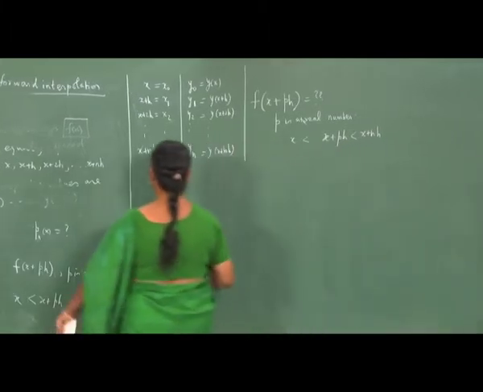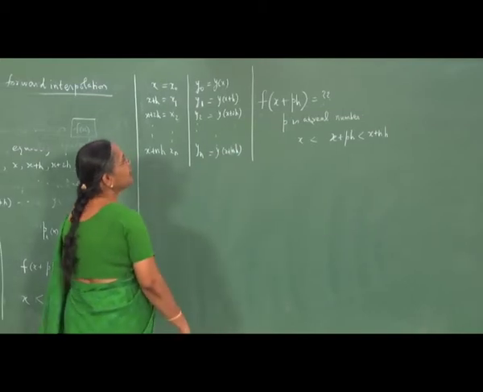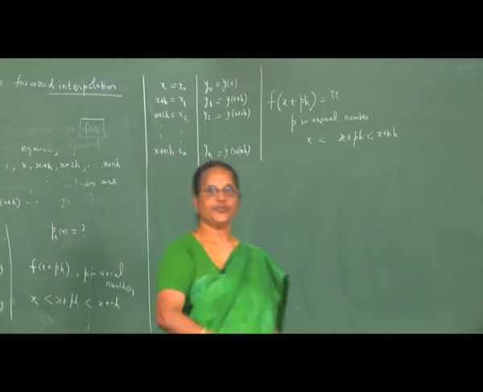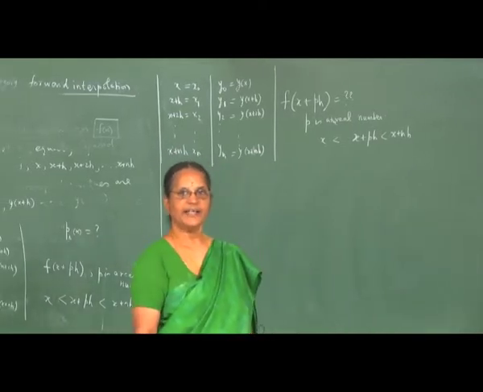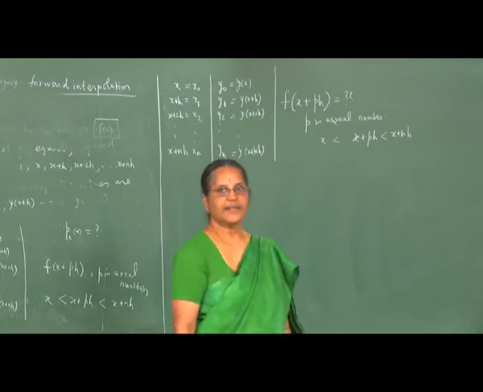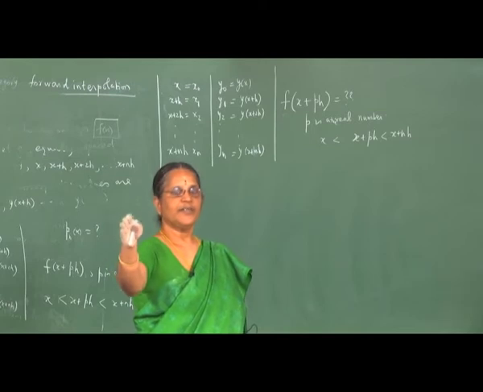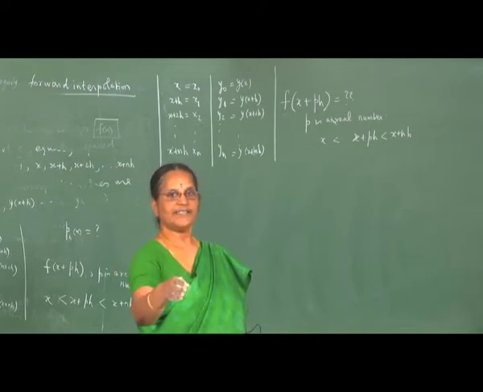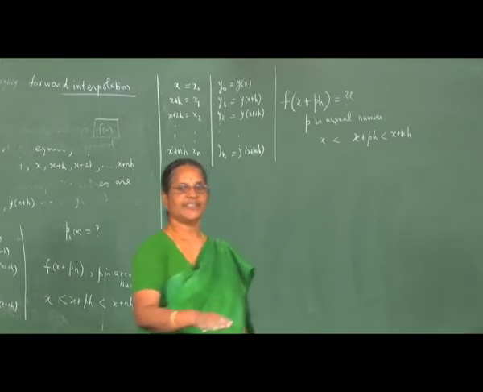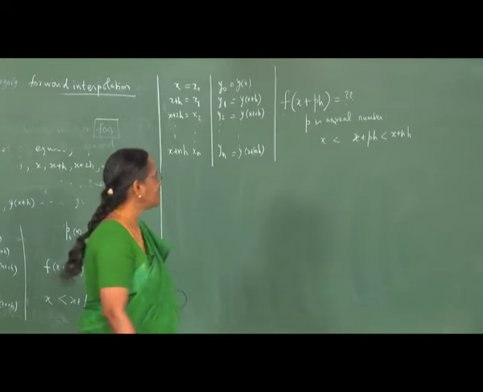So, I shall now use the operator E, connect it to the forward difference operator, and use the previous result that given n plus 1 points, if you fit a polynomial of degree less than or equal to n, the nth order forward difference is constant and higher order forward differences are all 0.